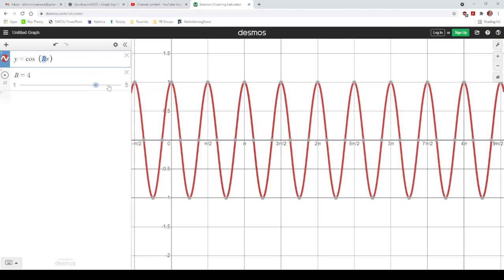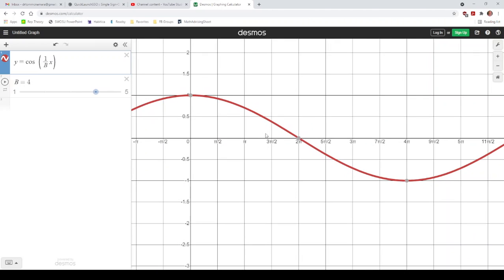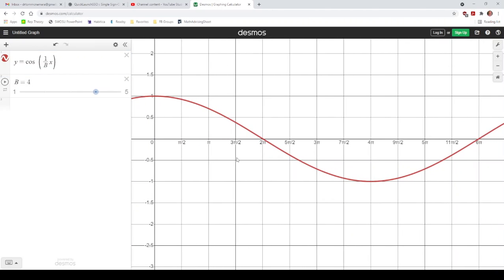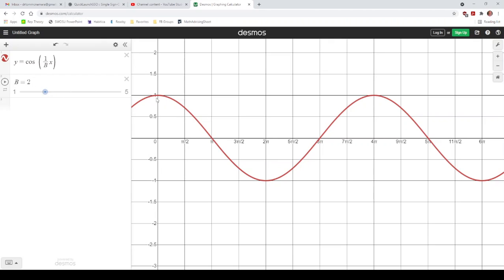And let's watch what we do when we do this, 1 over b. I'm going to need to zoom out a little bit here. Okay, so right now b is 4. Let me go to 2. So we've got 1 over 2 x.